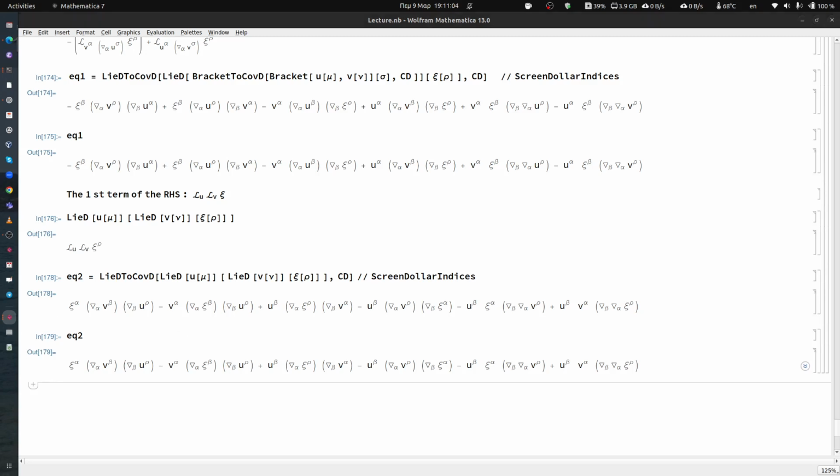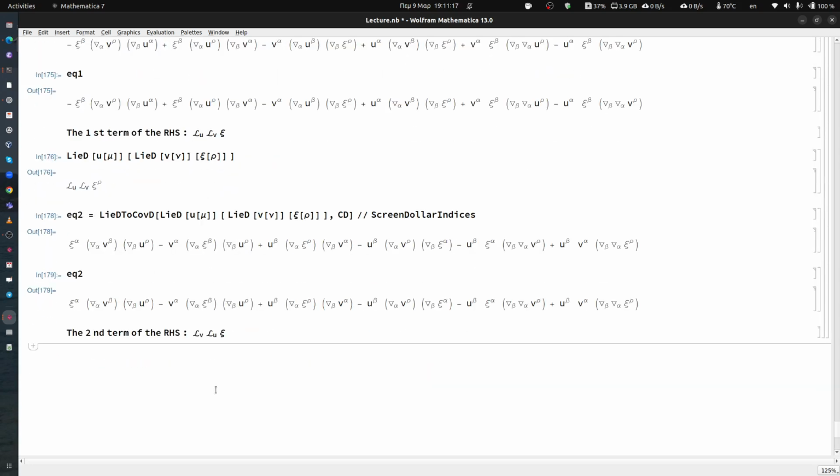Now let's take the second term of the right hand side, which is again differentiating twice but with the opposite order. So this is what we want to do.